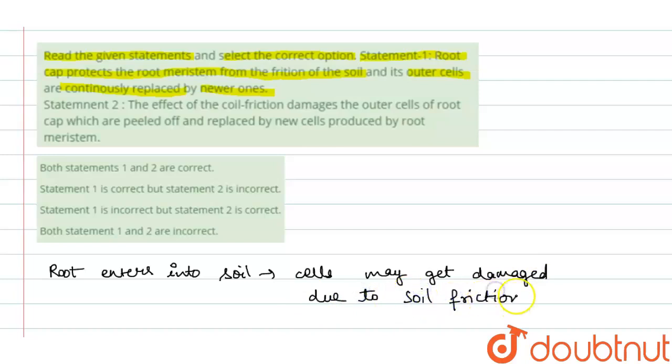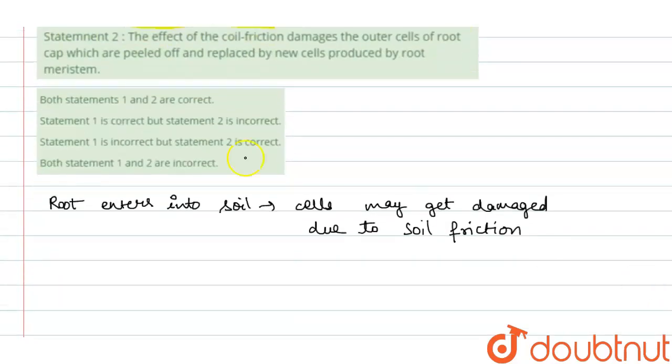So to prevent this or to avoid this, there is presence of a root cap, which is also known as calyptra, at the apex of root.